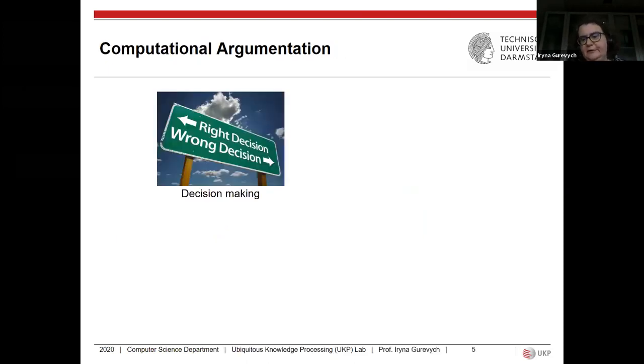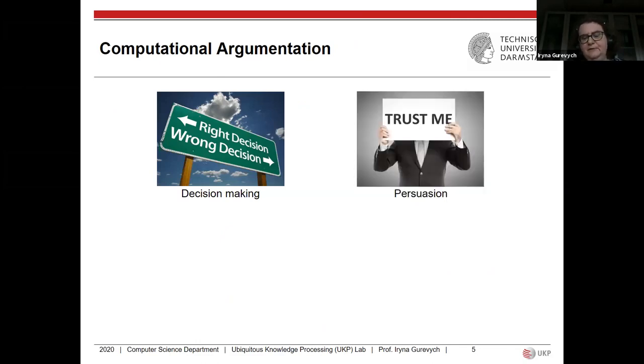Computational argumentation has a vast number of applications. It is applicable in any area of human life which is concerned with making decisions, because we need to evaluate various options in terms of their pro and con arguments. It is fundamental to persuasion.